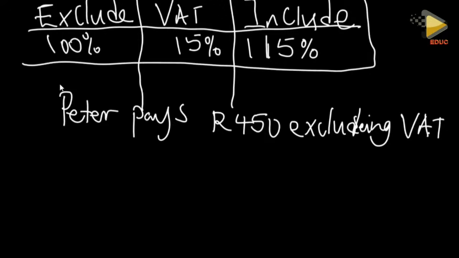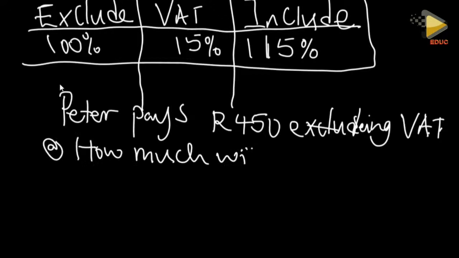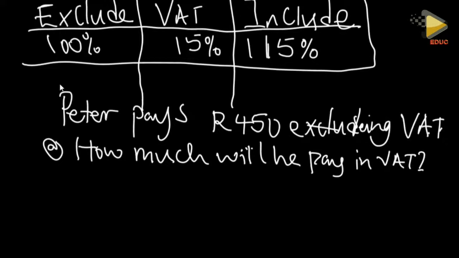Now they ask you, let's say A, how much will he pay in VAT? So this is straightforward. It means it excludes, so it has no VAT.